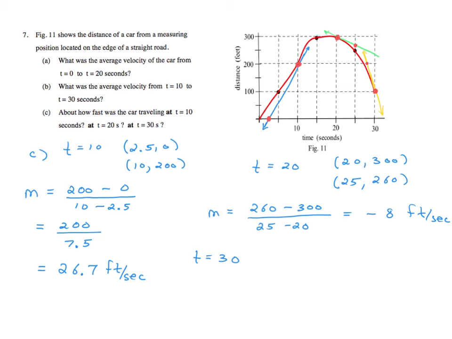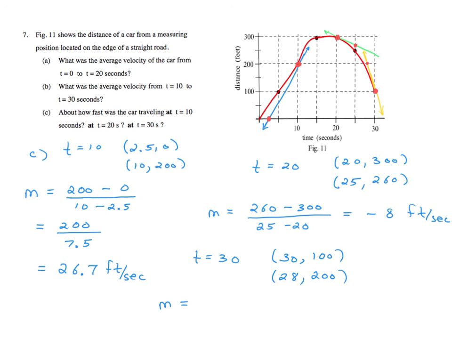And then maybe my other point will be here, which appears to be, I don't know, maybe (28, 200). Again, it doesn't have to be perfect. We're just getting an approximation. So my points are (30, 100) and, roughly, (28, 200).